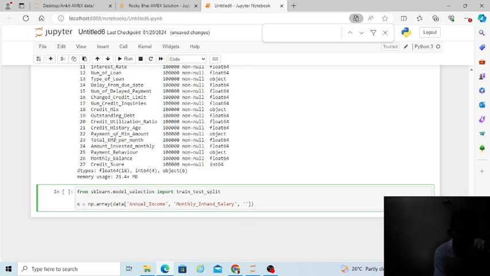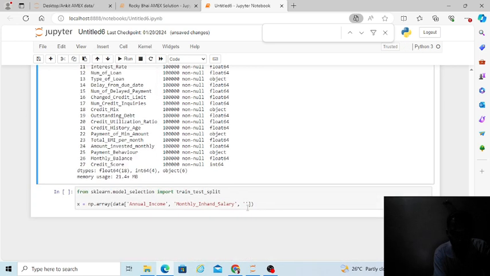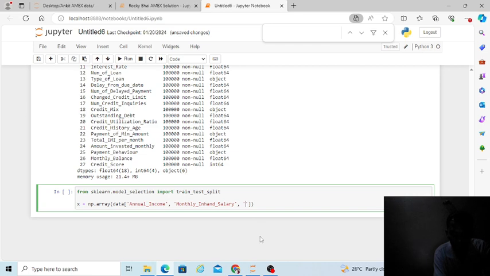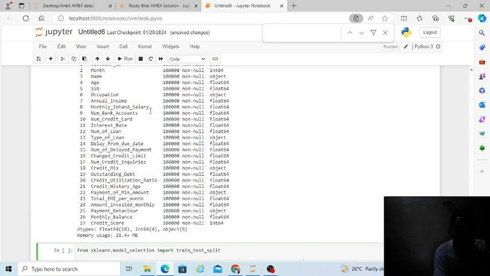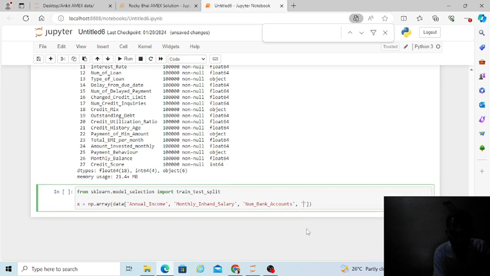Now number of bank accounts will also have effect. I will include this number of bank accounts, and number of credit cards will also affect it. So number of credit cards.